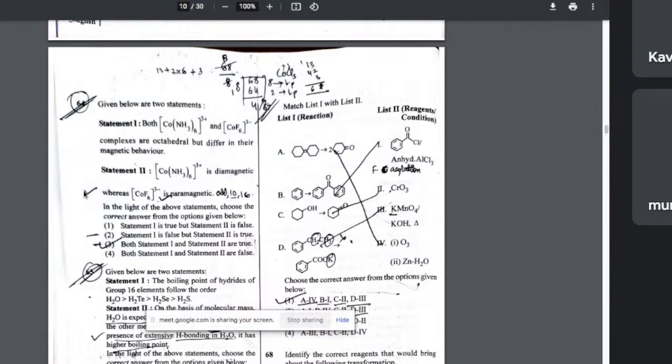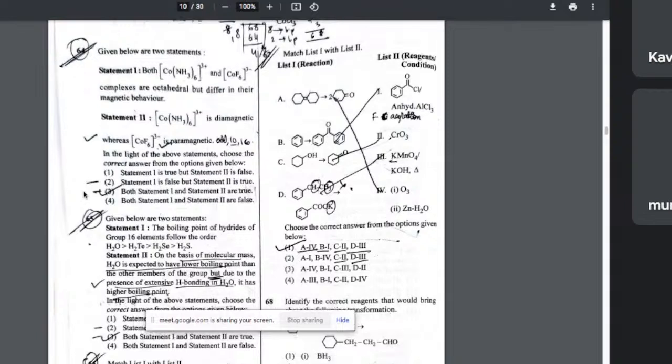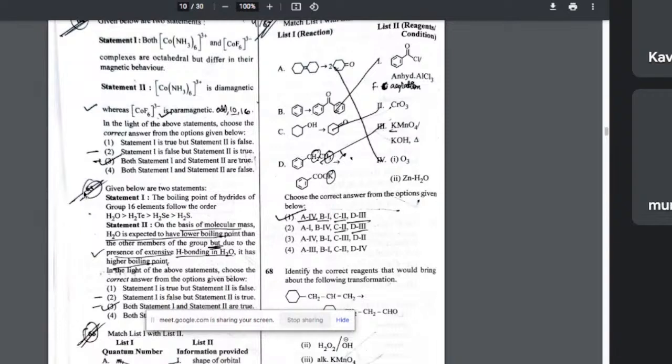This is the reaction for preparation of carboxylic acids. So for D the match is in the second column, third option. So the correct answer is A fourth, B first, C second, and D third. So the first option is the correct answer.